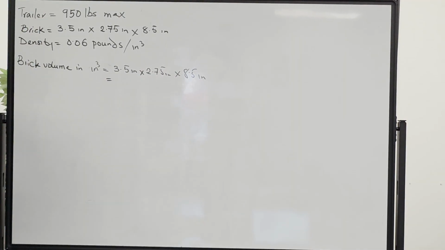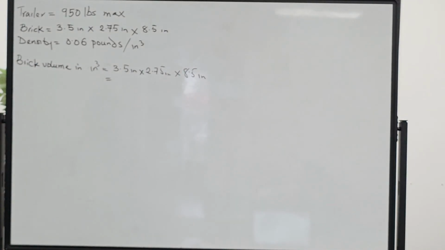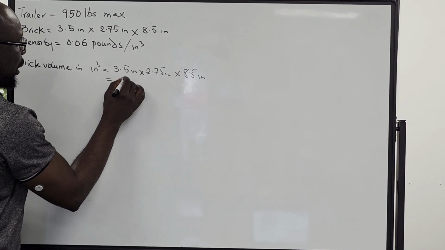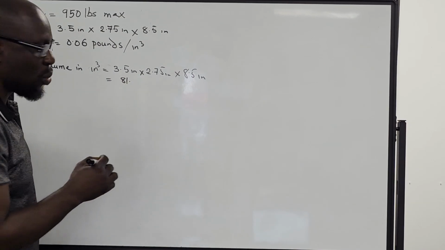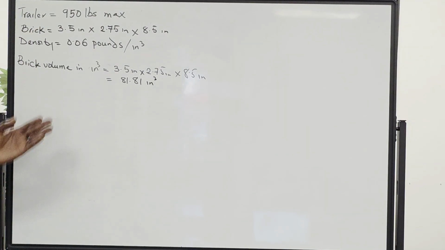If you do the calculation, that gives 81.8. We're going to limit it to 2 decimal places, 81.81 inch cube. So that is our brick volume.